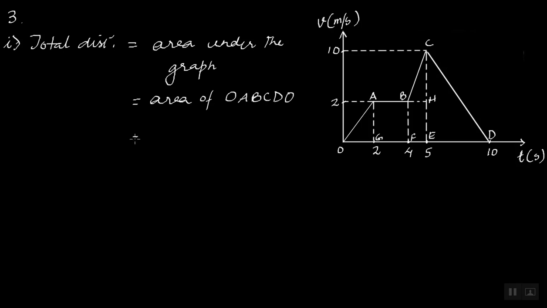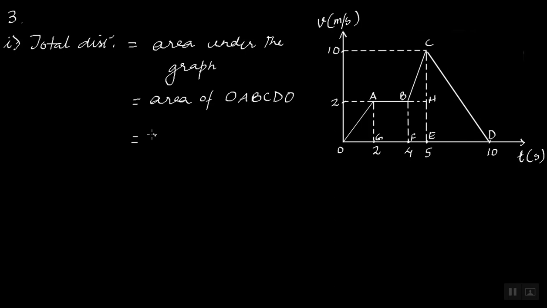All right. So here we can divide this polygon into various shapes. So we have this triangle, OAG. Then we have this rectangle, AHEG. We have this triangle again, BCH, and this triangle, CDE.